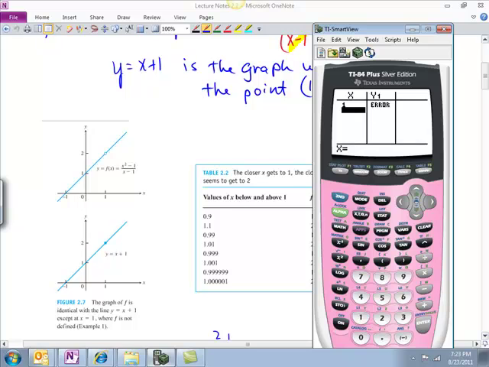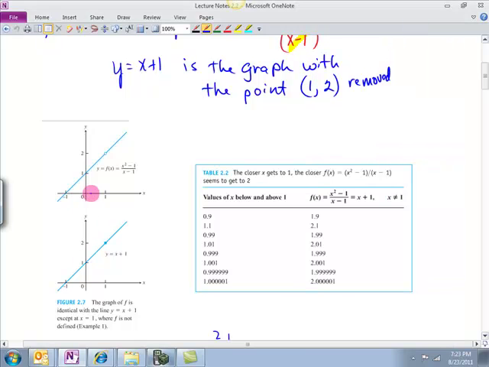Even though on the graph on the calculator it looks like it's fine, it's not fine because there's a hole there. And so the behavior, as x gets close to 1, what does y get close to? What number is the y value that we're close to? 2. Now, if you plug in x equals 1, you don't get 2. But the limit, as x gets close to 1, that's where we are, okay?